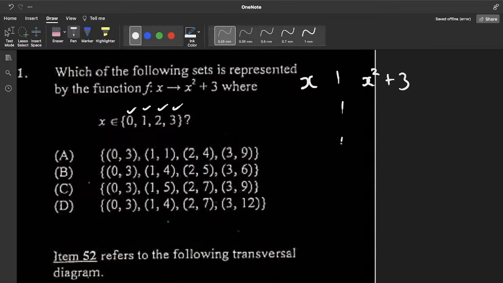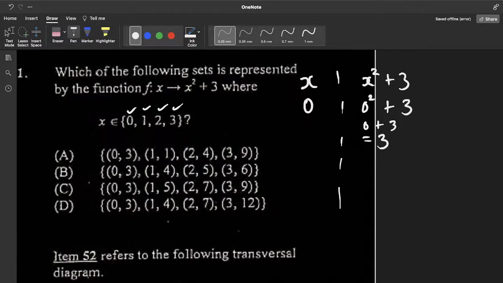So the first value is 0. So let's put this into it. 0 squared plus 3. What's 0 squared? 0 squared is 0. So 0 plus 3, we end up with 3. So when x is 0, we get a 3 from this.